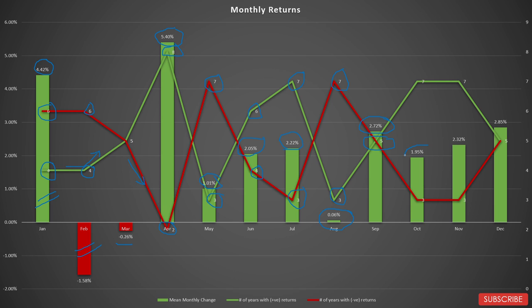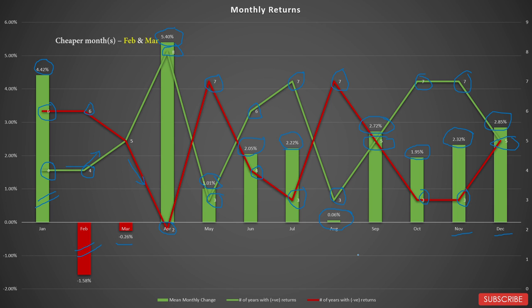October, 1.95%, so a decent month with 7 times positive and 3 times negative returns. November, 2.32% returns over the last 10 years with 7 positive and 3 negative. And lastly, December with a very good 2.85% average returns in the last 10 years with 5 positive and 5 negative.